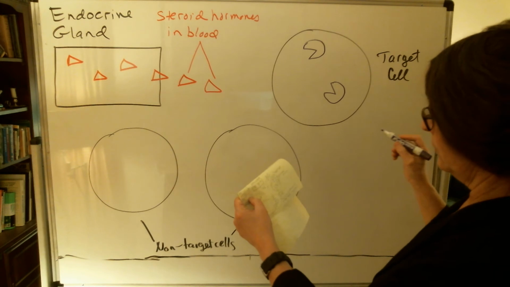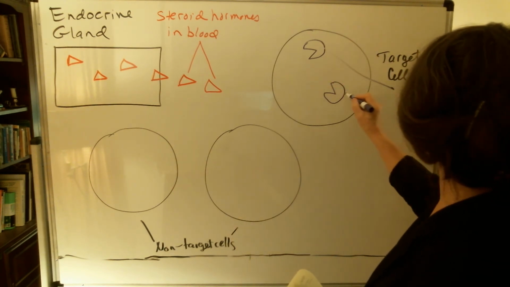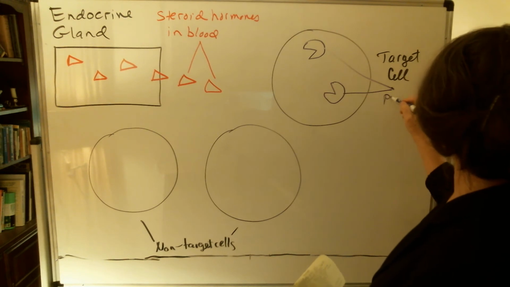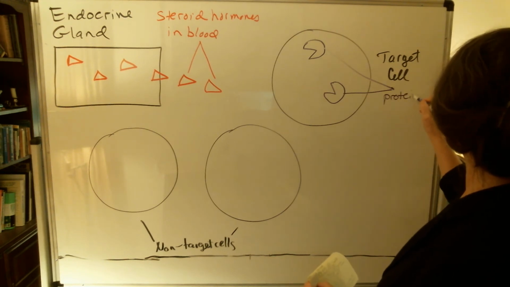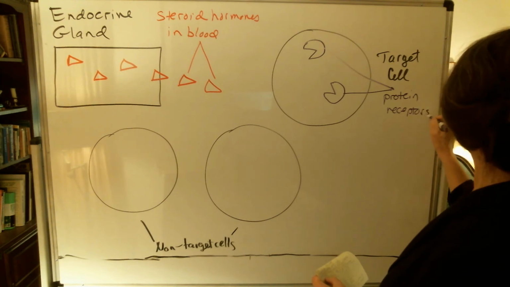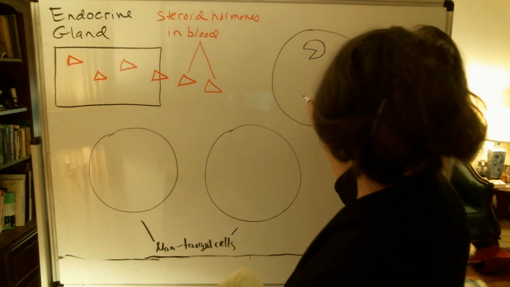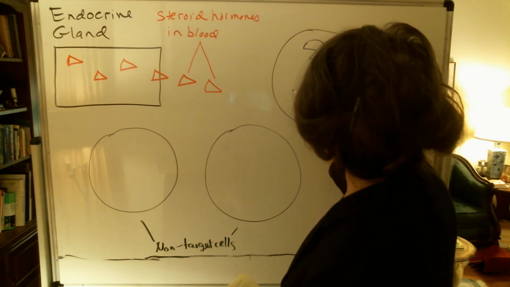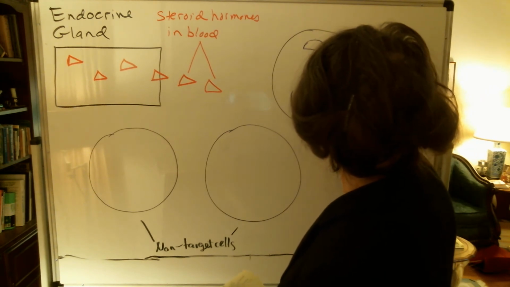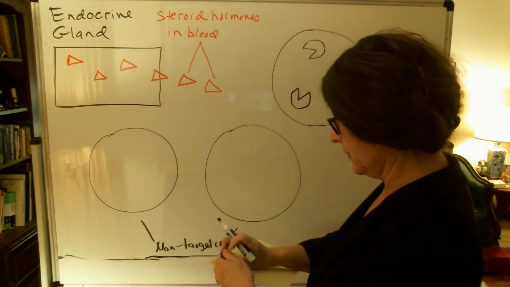There we are. So these are protein receptors of the correct type. And here I'm going to draw another protein receptor.